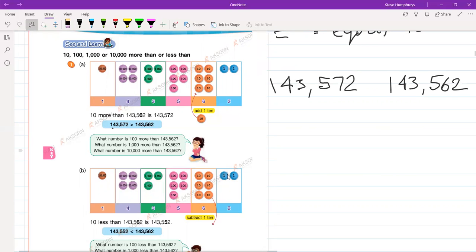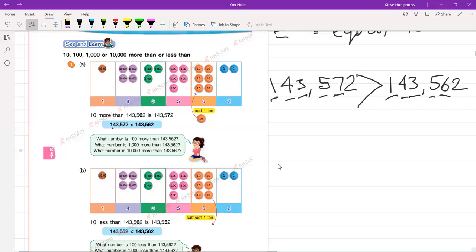Okay, look at the numbers. Compare the 100,000s, they're the same. Compare 10,000s, they are the same. Compare your thousands, they are the same. Compare your hundreds, they're the same. Compare your tens, that's a 7, that's a 6. So the symbol you're going to use there is greater than.